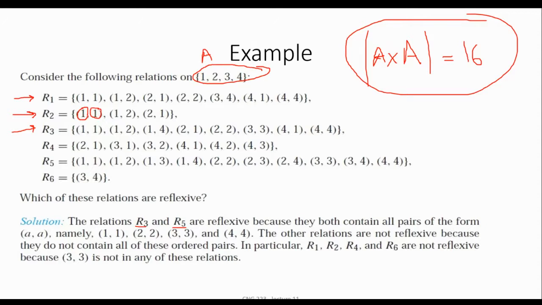Here we have (1, 2), so for sure we should have (2, 1). You just interchange 1 and 2 as the first and second components. Let's take a look at R6. R6 is not symmetric. Why is that? Because we don't have (4, 3) inside this set. So this one is not symmetric.